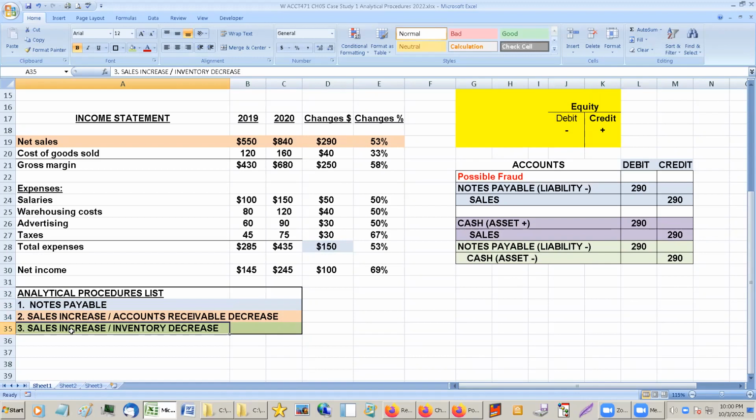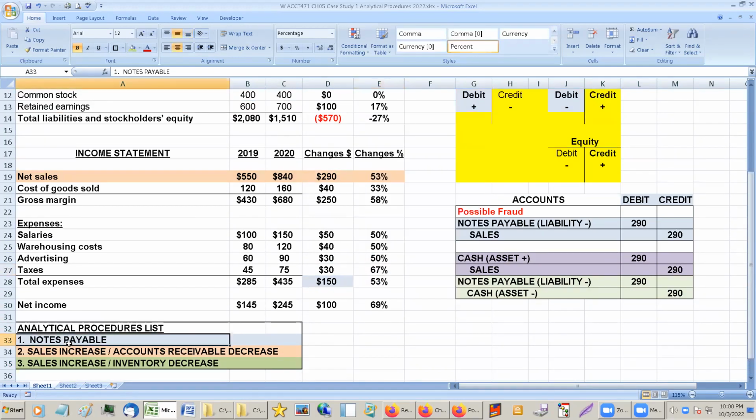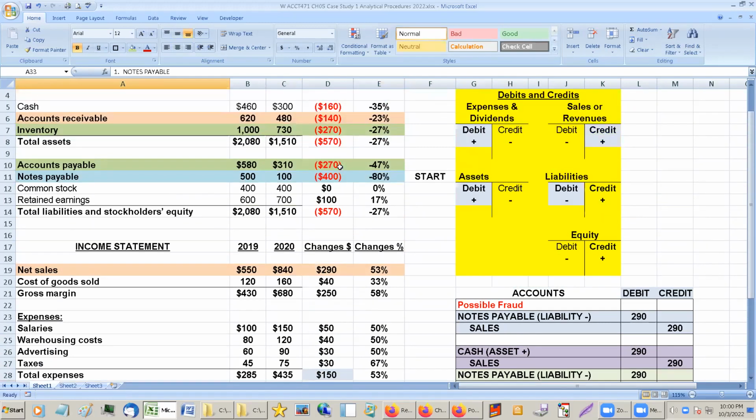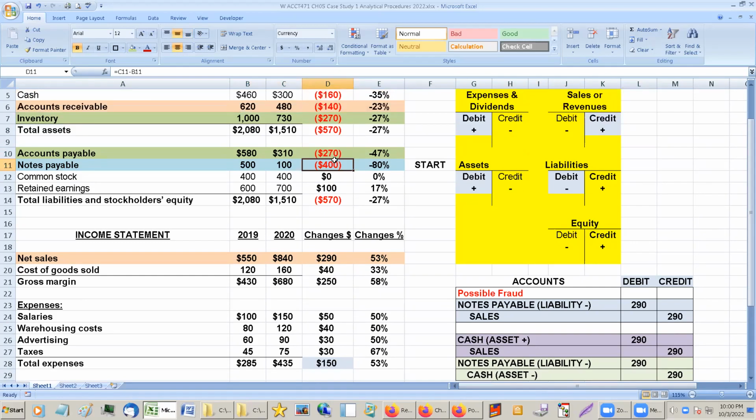It's not plausible that you'd have a sales increase and inventory decrease. And it's also not plausible that notes payable would go down by such a large amount. It dropped by 400. Notice that notes payable dropped by more than your income for the last 2 years. So that's a very strange drop in notes payable.